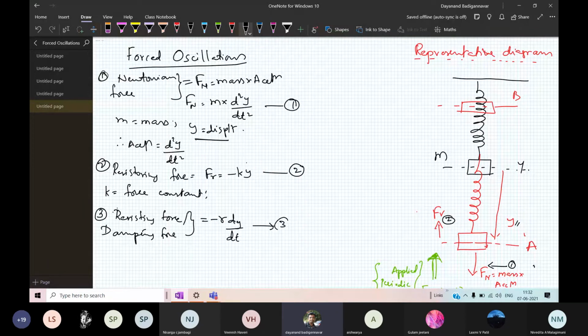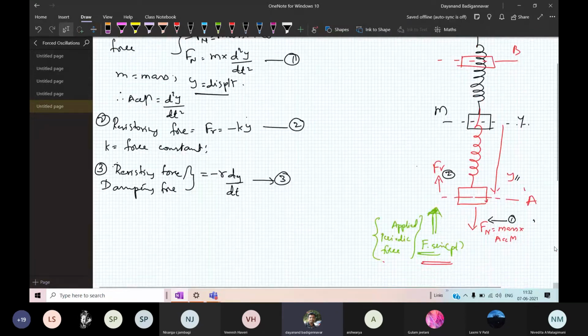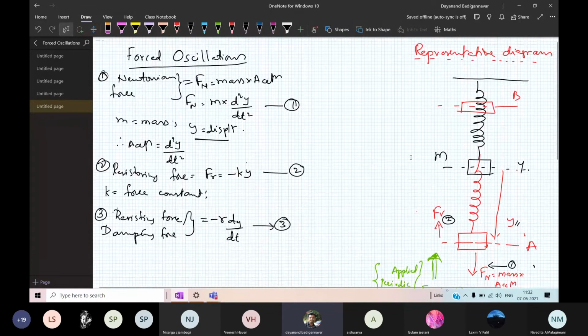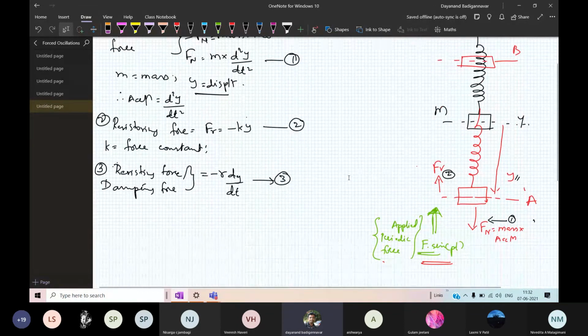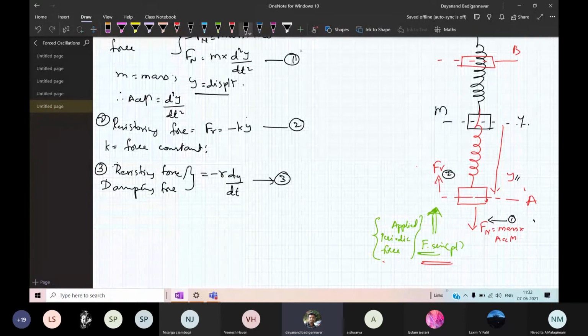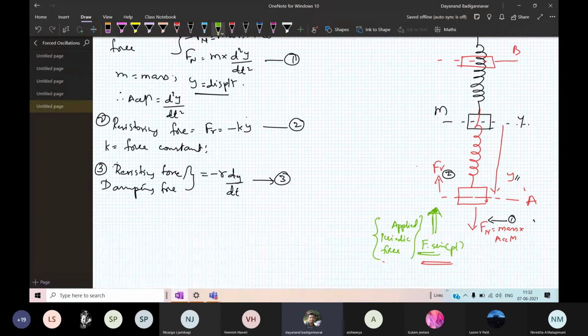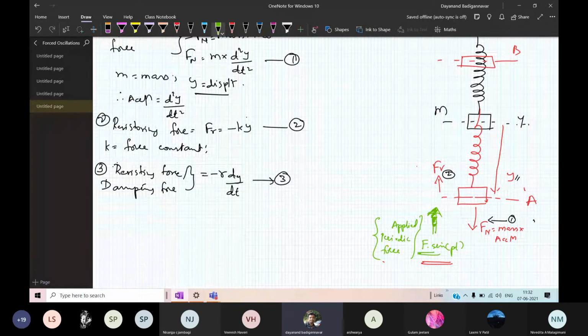All three of these we have done in the last part. Now the fourth one, very important, is the applied periodic force. This is the force that you apply here.